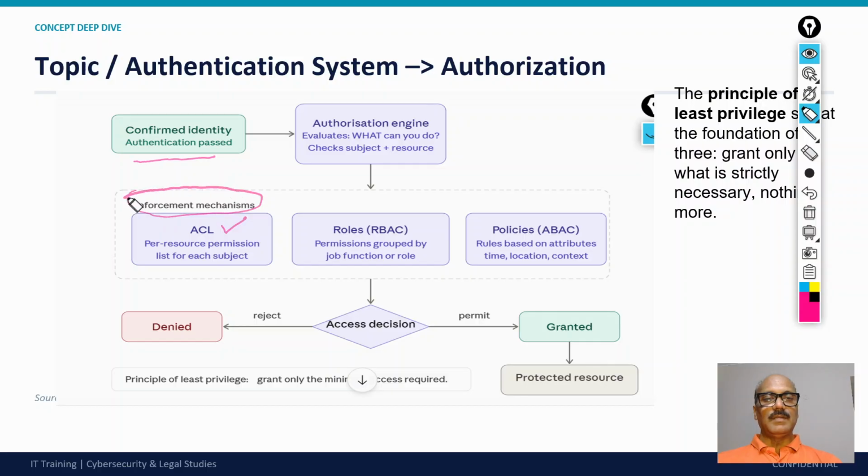Authorization is implemented using either one of these or a combination. Here, ACL and role based, and then policies or rule based. Once that is evaluated for that user, the access is provided, and he can perform that action on the protected resource.